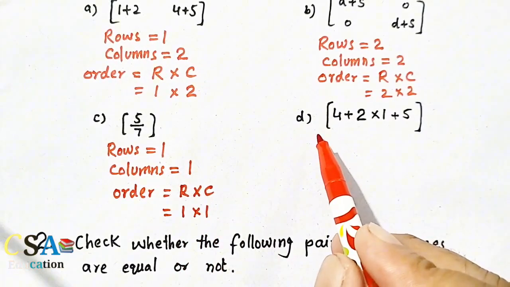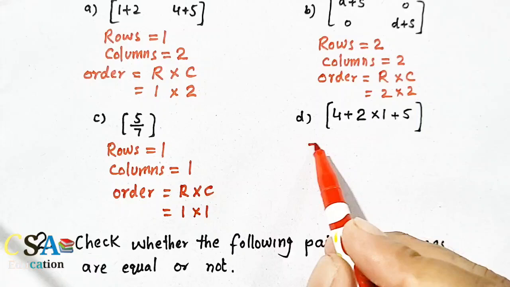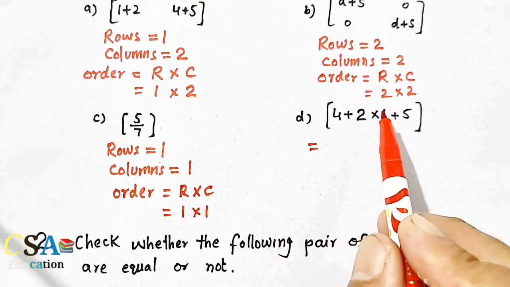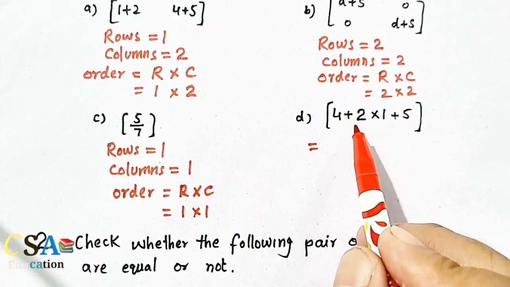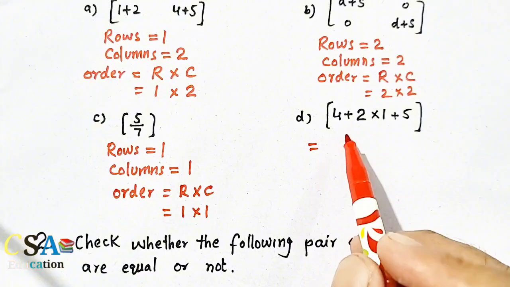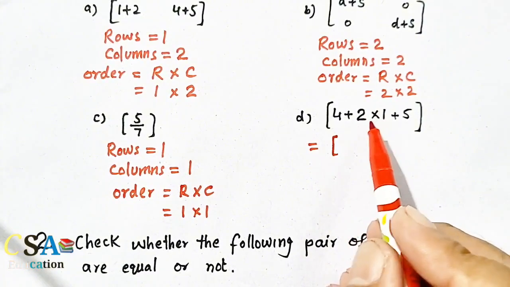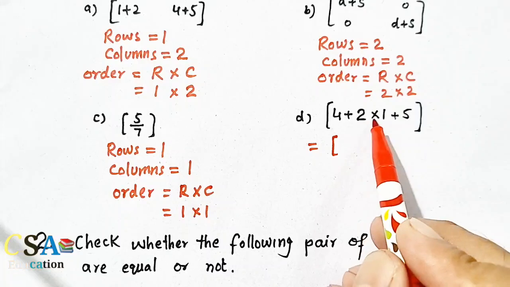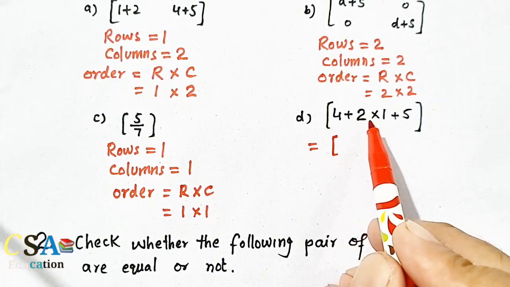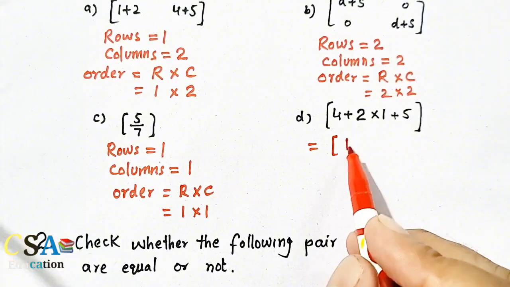Now last part of this question: if we solve this, we have a single digit. It will become 2 times 1. First of all, multiplication will be solved. So 2 times 1 is equal to 2. 4 plus 2, 6. 6 plus 5 is equal to 11.